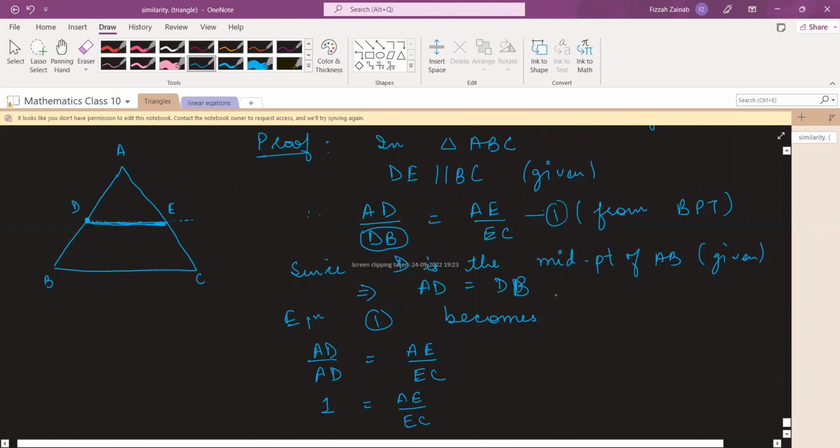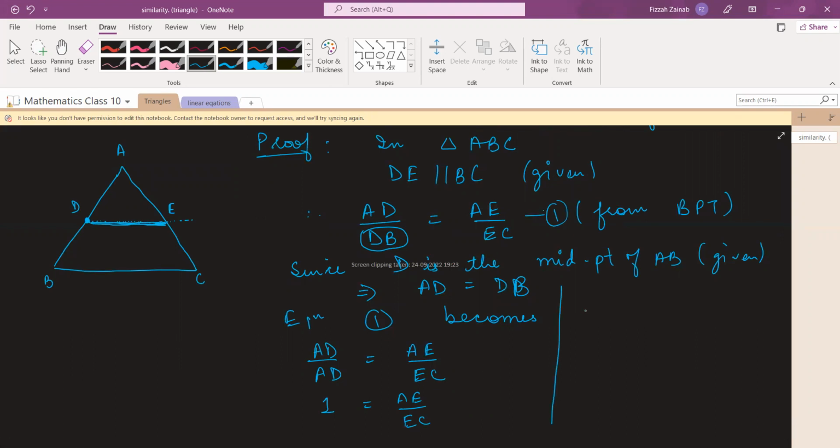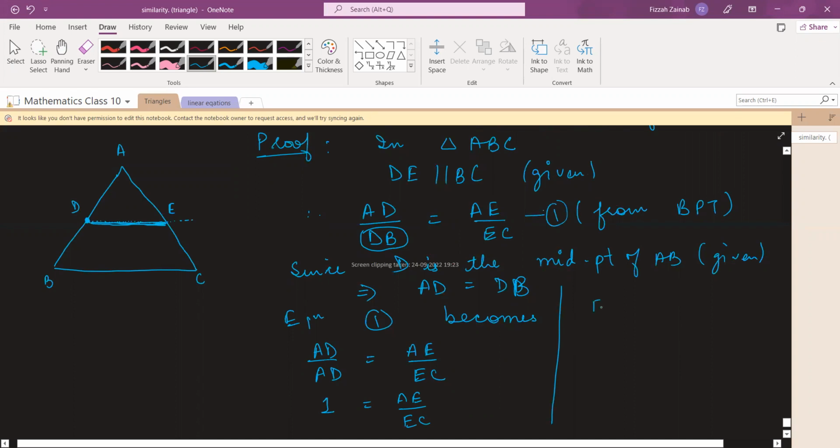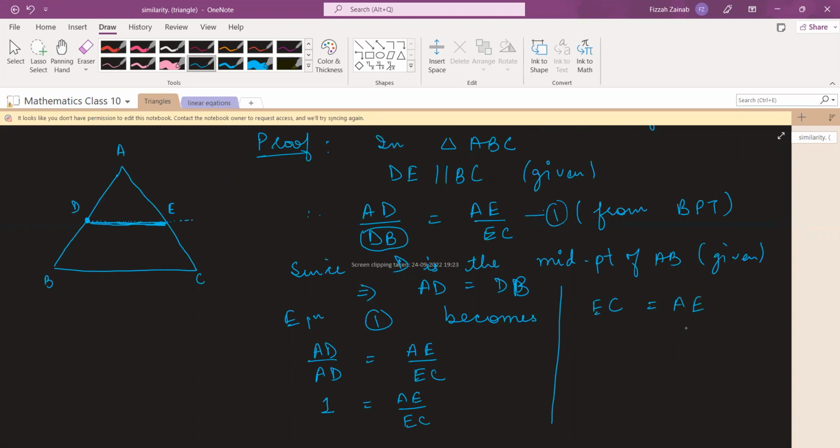So that means if you cross multiply, EC is equal to AE. So this part is equal to this part, and this means that E is the midpoint of AC. So this implies that E is the midpoint of AC.